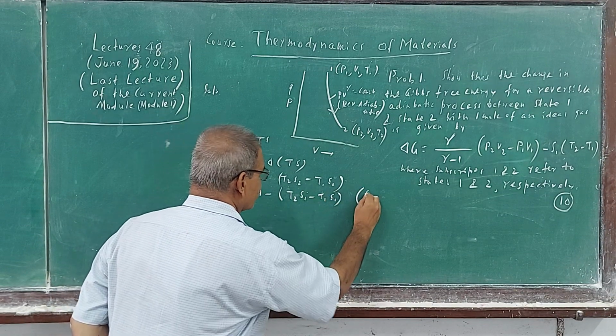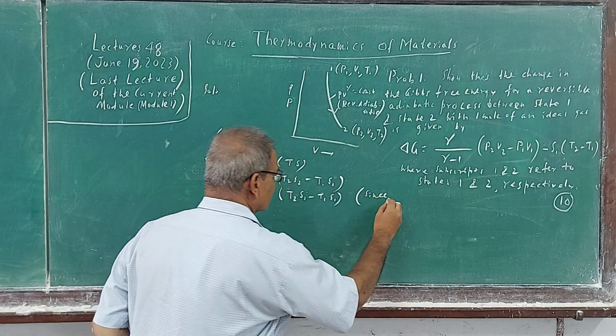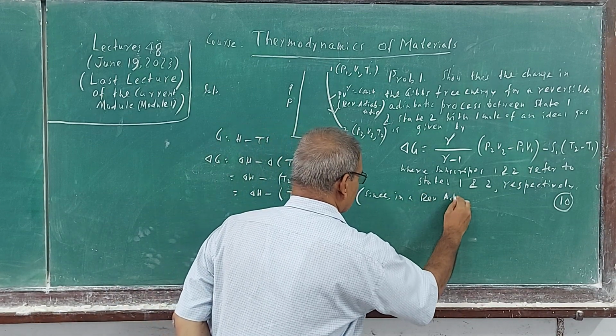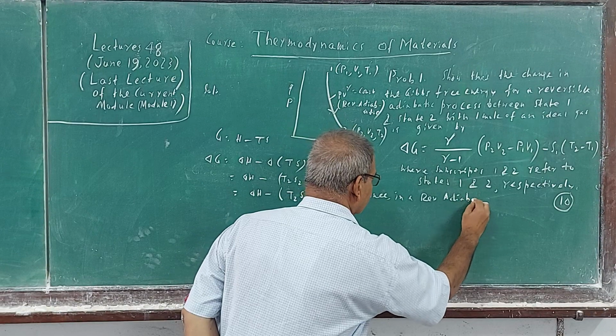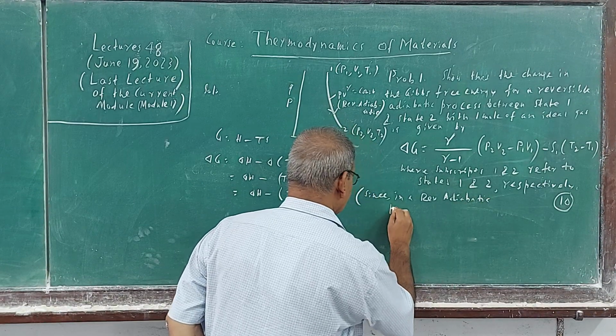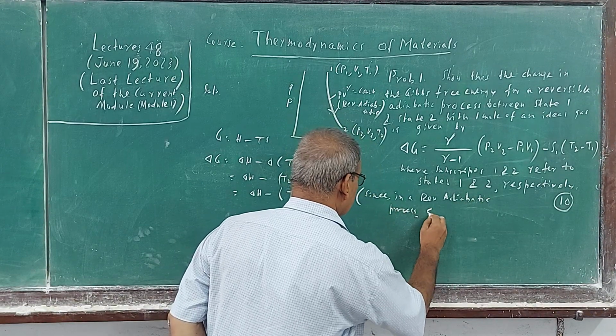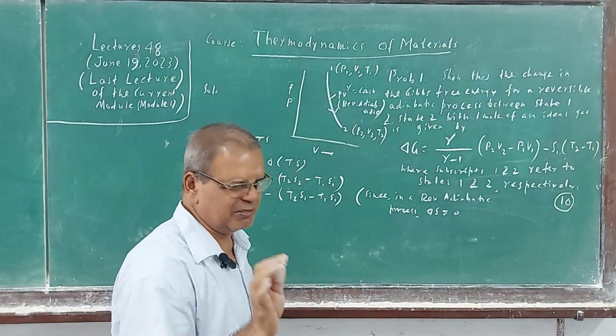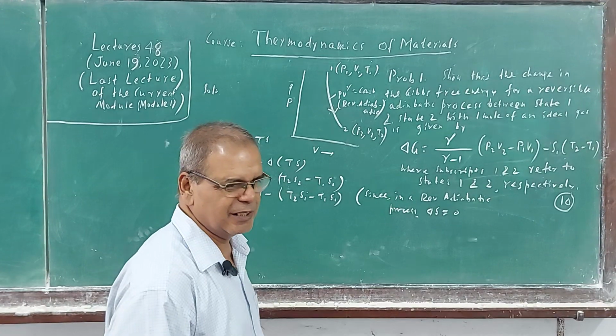You just say since in a reversible adiabatic process, delta S is 0. You don't have to write dS is dQ reversible. You don't have to write so many things.